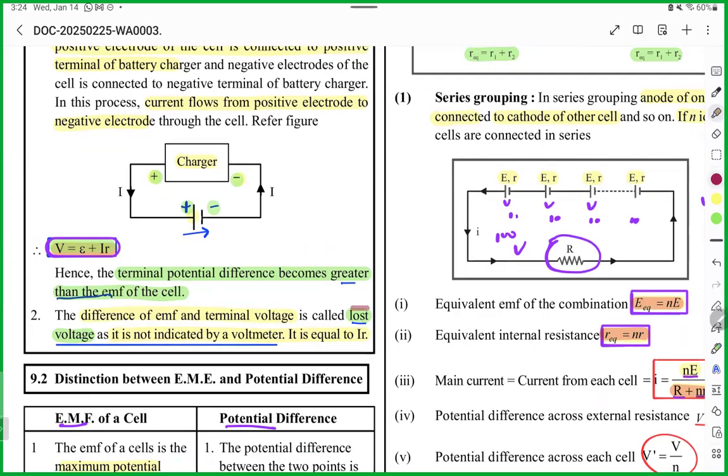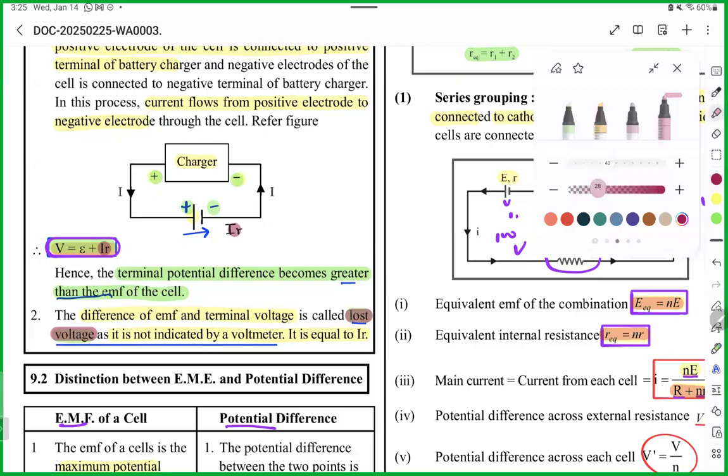Last thing, what is this lost voltage? Lost voltage means voltage that you can't avoid. See this IR. This IR is not read by any voltmeter, any voltage measuring device.